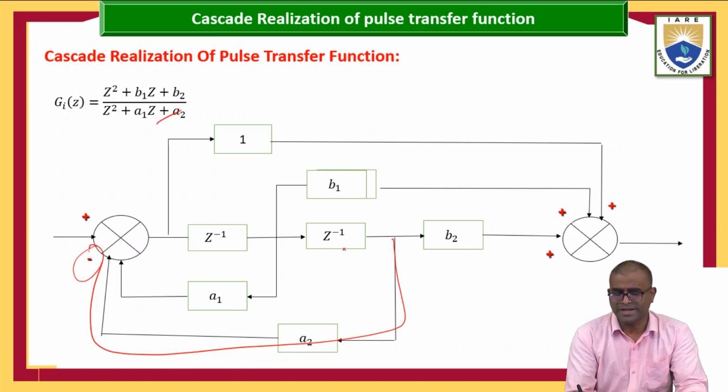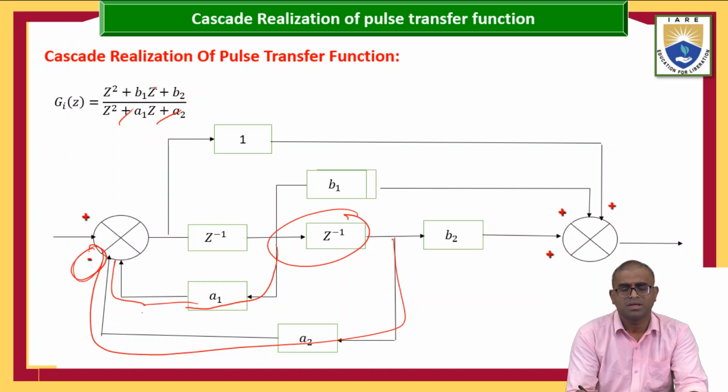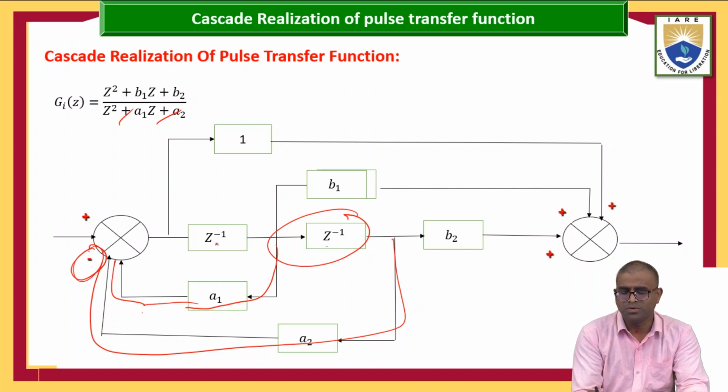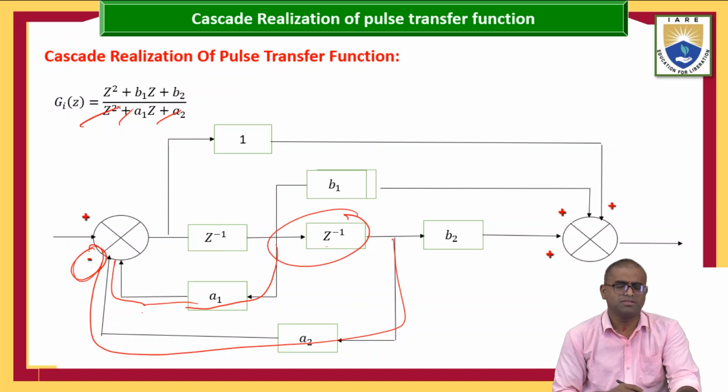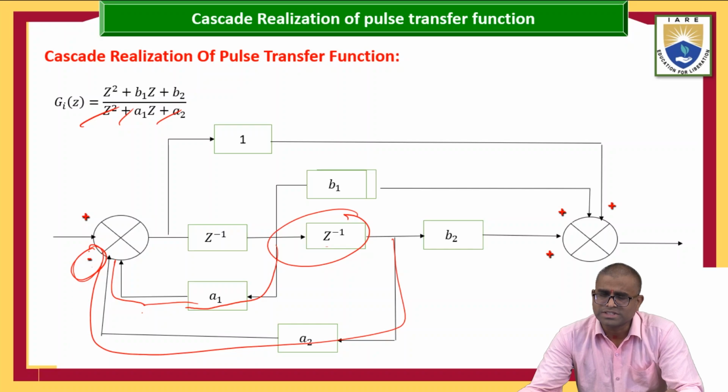Coming to the next one, z power minus 1 will be there, so it is feedback Z into A1, also negative feedback, that's why it is coming as z plus. The last one has only two terms, z power minus 1, so z square. This is one form of the second order transfer function cascade realization.